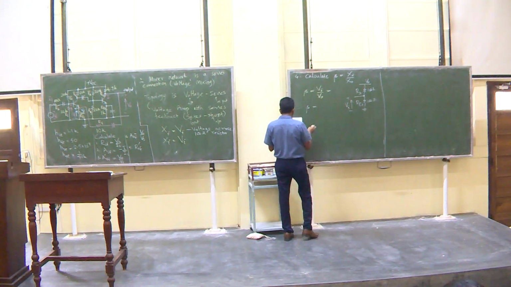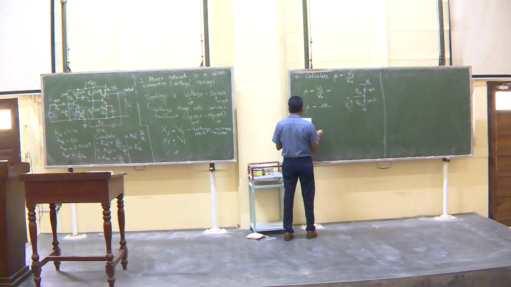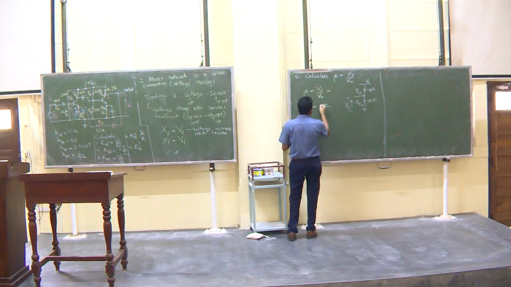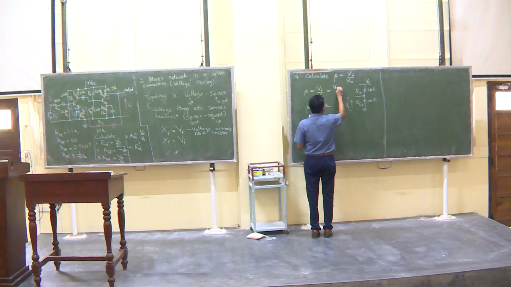Beta is equal to Vf divided by V out. So Vf is what? Vf is V out times RE1 over RE1 plus RF.